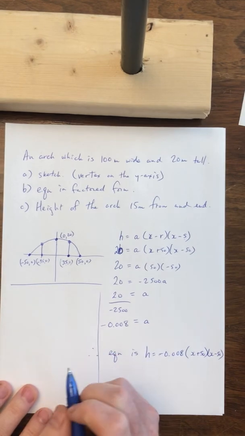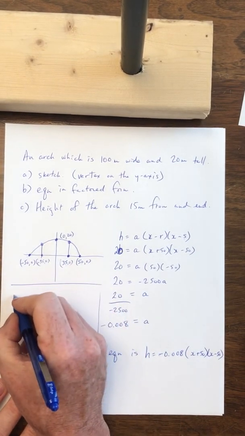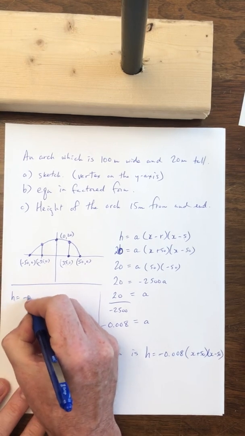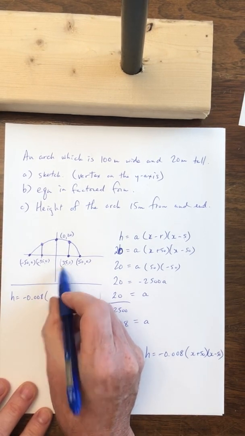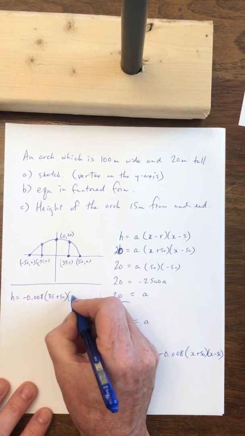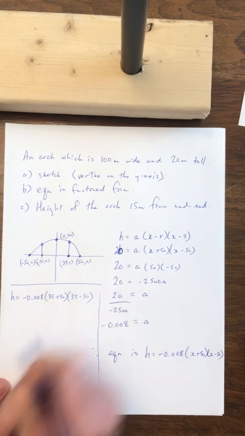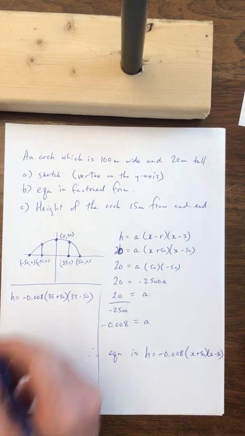So let's use 35. So h is equal to negative 0.008. Subbing in that for x, (35 + 50)(35 - 50). So just subbing in for x on our formula.